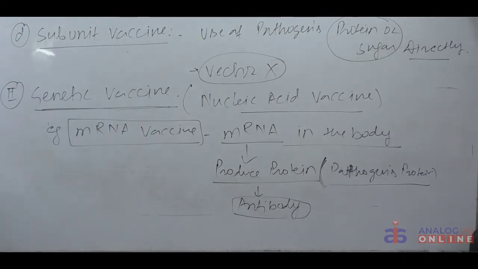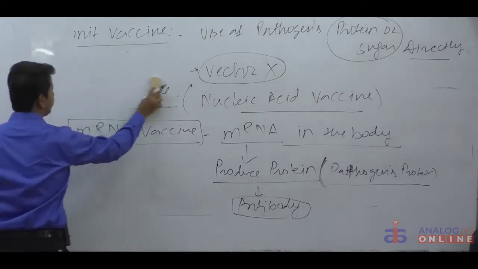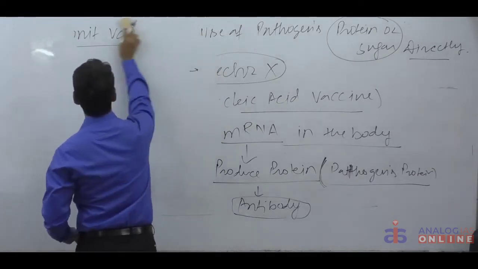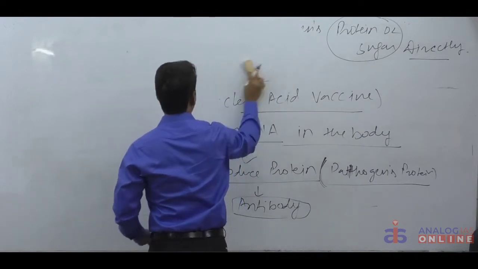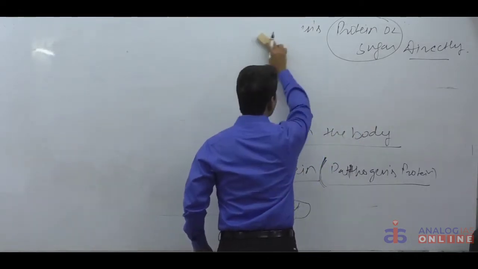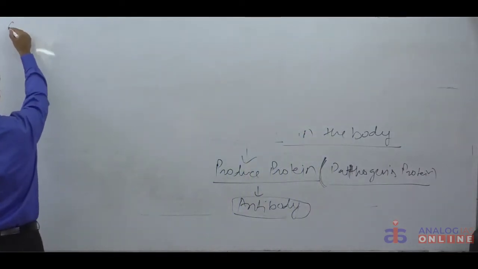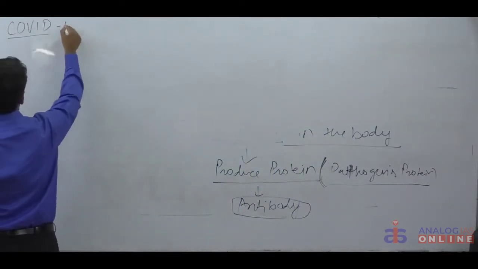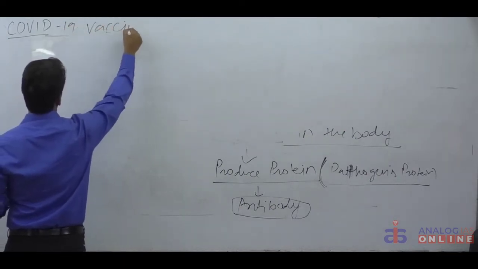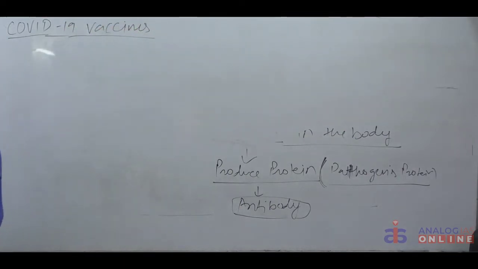Now if you come down to the different types of vaccines that we are using in COVID, that we'll also discuss. So, COVID-19 vaccine. There are 4 approaches that have been used.